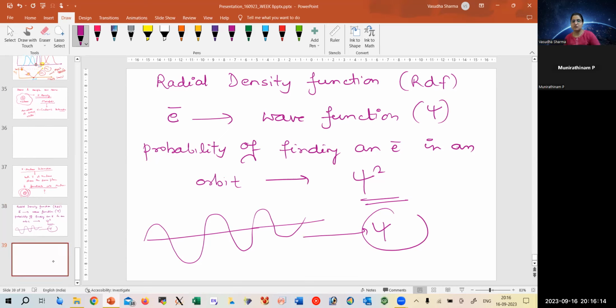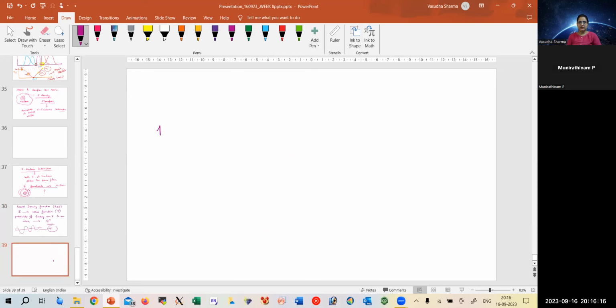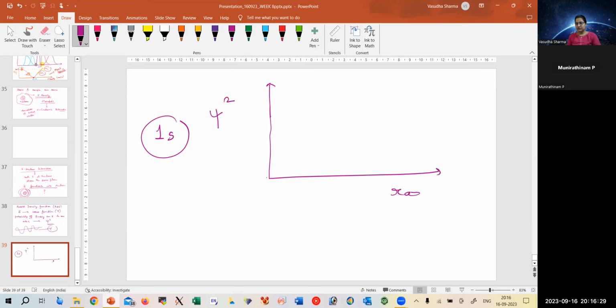Okay. So if we take the first s orbital, that is 1s, we have its radial wave function like this, the psi square, and this is your radial distance. This distance r is the distance from the nucleus.